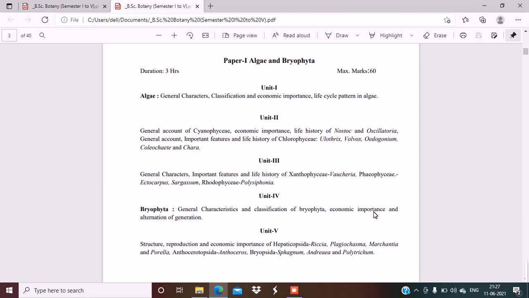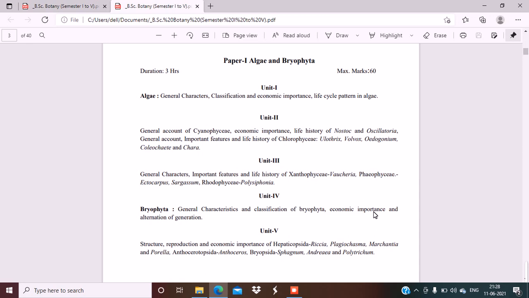This unit also includes the topics of algae. General account of Cyanophyceae, economic importance, life history of Nostoc and Oscillatoria, general account, important features and life history of Chlorophyceae. Some members you have to study like Ulothrix, Volvox, Oedogonium, Coleochaete and Chara.